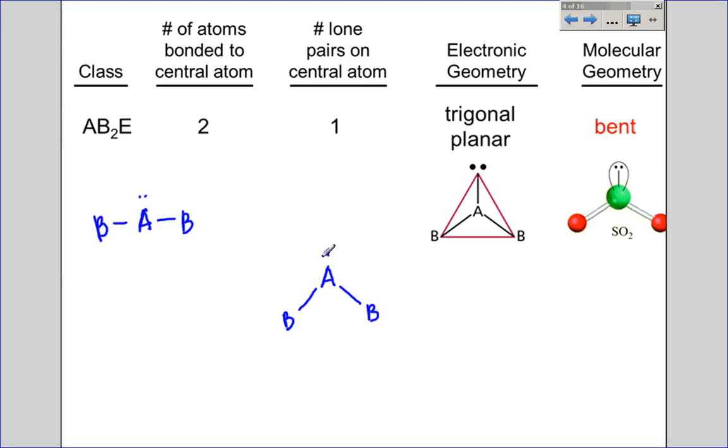Okay, so although the electrons are arranged in a trigonal planar geometry, the actual molecule itself is considered bent, and that's its molecular geometry. Now the angle here, because a lone pair actually takes up a bit more space than a bonding pair of electrons, the angle here will be a little bit less than 120 degrees.